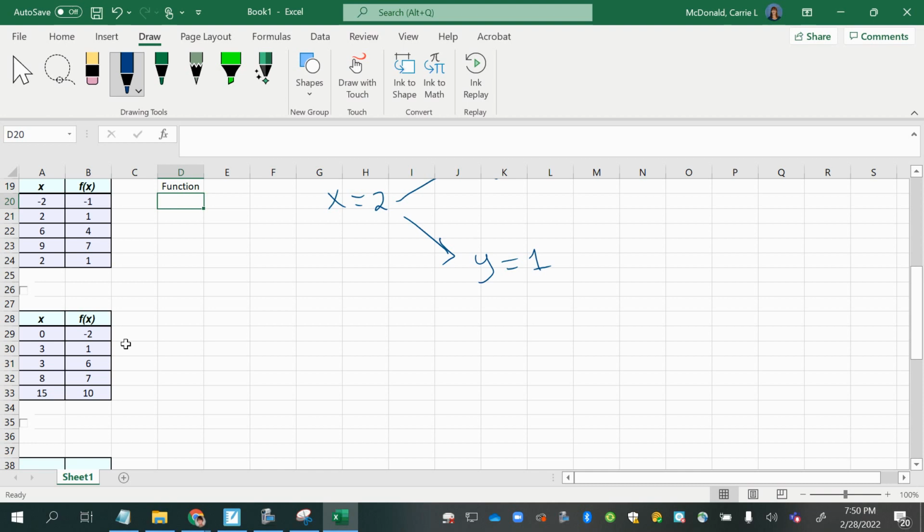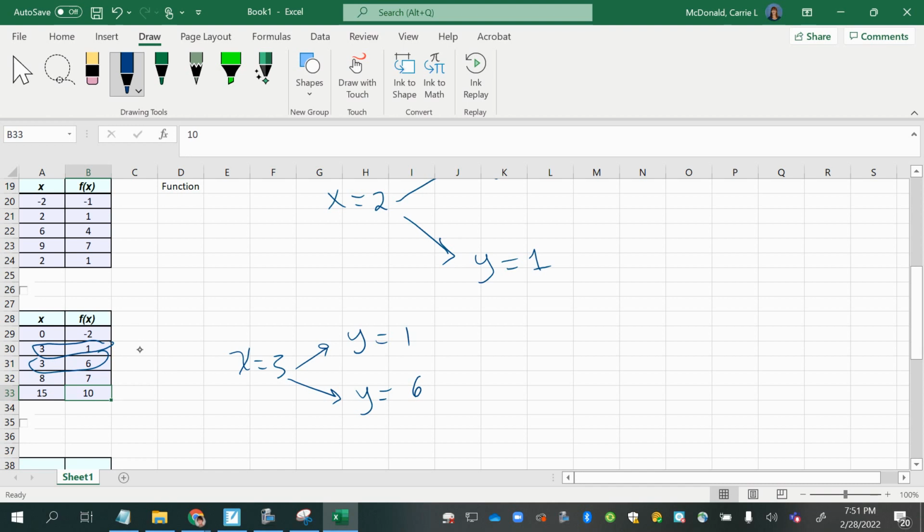Then the last one down here, 0 maps to -2, 3 maps to 1, 3 also maps to 6, 8 to 7, and 15 to 10. So you might have already noticed that we have two coordinates with the same x value and different y values. So now x equals 3 is mapping to y equals 1, and x equals 3 is also mapping to y equals 6.